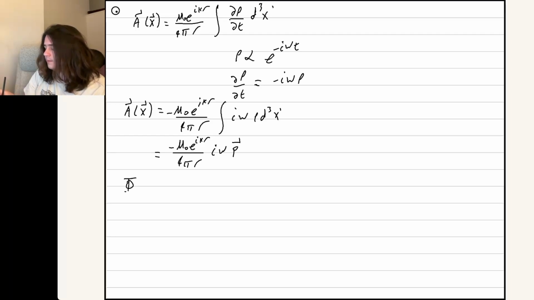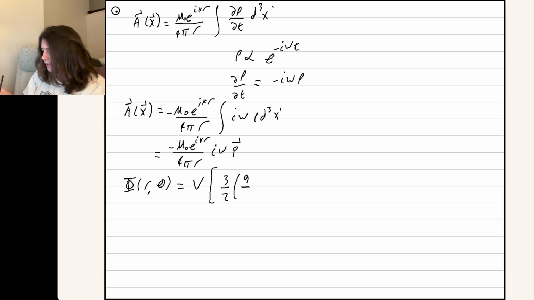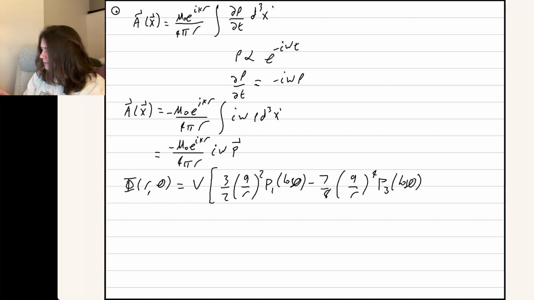The scalar potential for one of these sphere combinations is V times 3/2 a over r squared P1 cosine theta, minus 7/8 a over r to the 4th P3 cosine theta, plus 11/16, and so on. I really only care about the first term anyway.